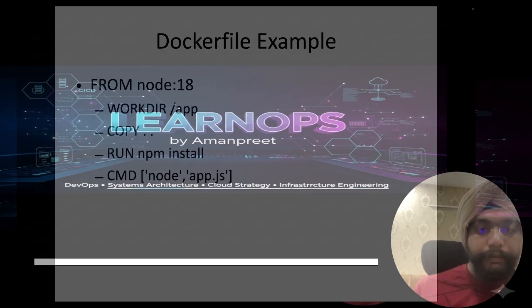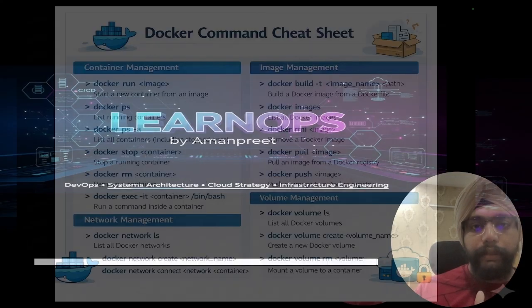RUN is the command for dependencies: npm install installs all your dependencies into the image. That is the use of the RUN command. And CMD is the command where you run your application in one go. It is the 24 by 7 running command, so it does not exit until you stop the container.